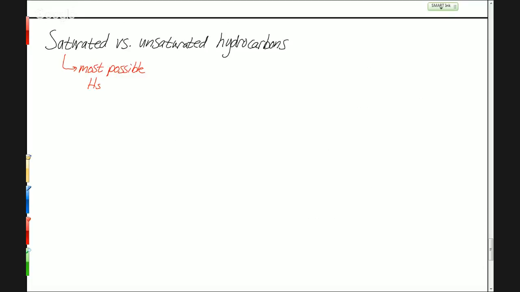And let me show you what that means. If we take, let's say, 4 carbons, it doesn't matter how we arrange them, the most possible hydrogens that can be on there is always 10.